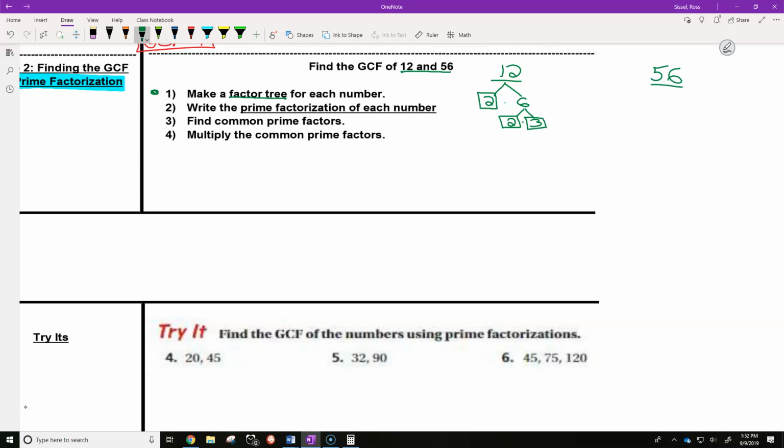I have to go to the number 56. I know my factors are 7 times 8. 7 is prime. 8 becomes 2 times 4. 2 is prime. 4 becomes 2 times 2.